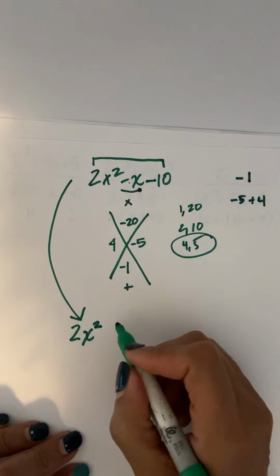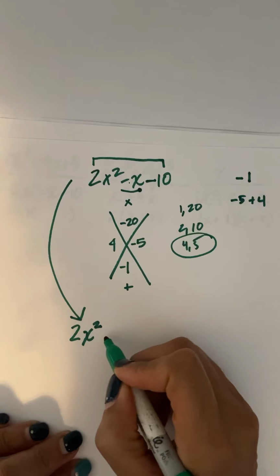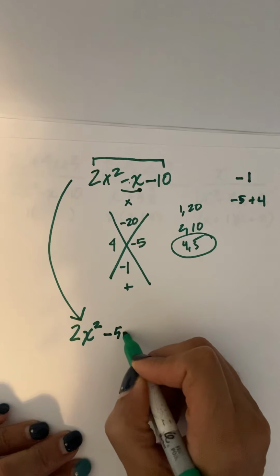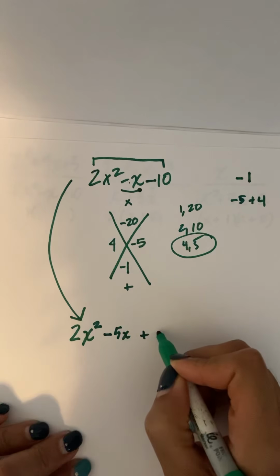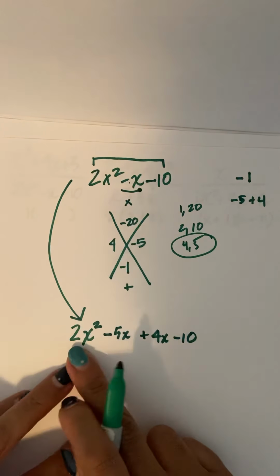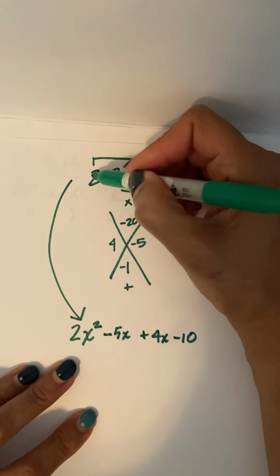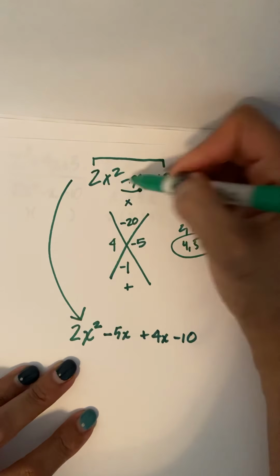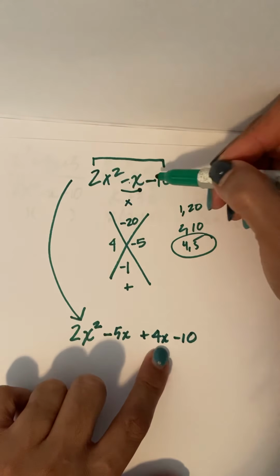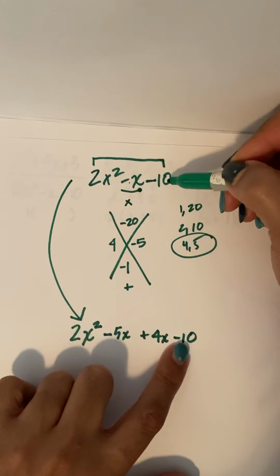So that means I can rewrite this as 2x squared minus 5x plus 4x minus 10. So this expression is identical in value to this one. 2x squared, -5x plus 4x is -1x, minus 10.